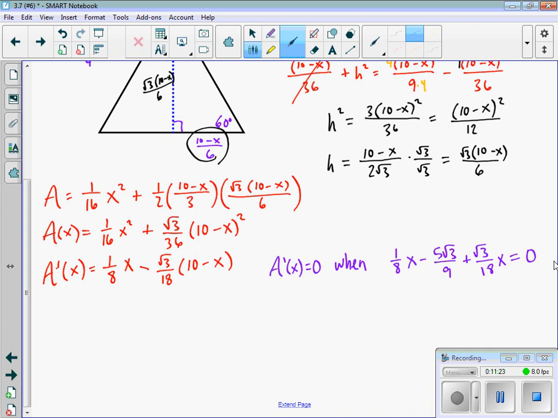So I just distributed there if you're following me at all. And then I'm going to move the constant piece over and pull an x out of these parts here. You could do this different ways as long as you'll get the same value for your critical number.